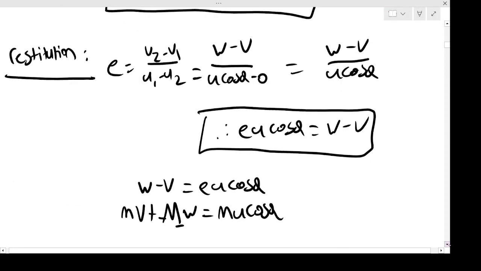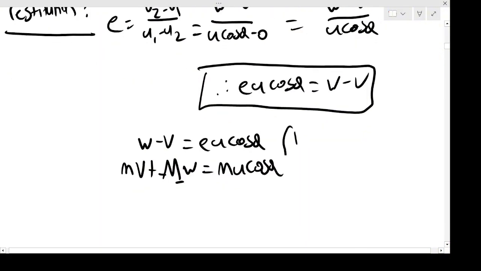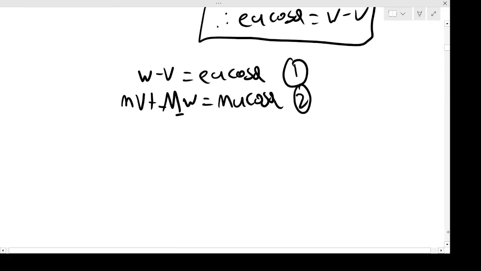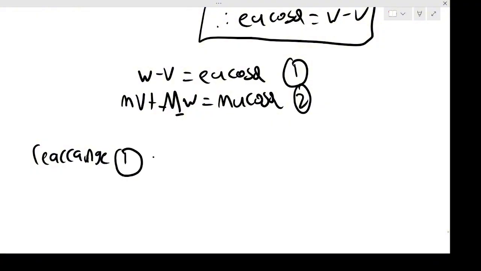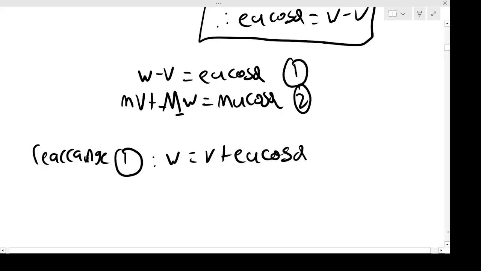Yep. So I've got these simultaneous equations, right? Again, they look awful, but again, don't worry about the algebra. We just do the normal process. So we solve for W and V. Actually, we can immediately rearrange the first one. We can rearrange the first one to get, let's say, W to be V add eu cos alpha. Then I can sub that into the second one.